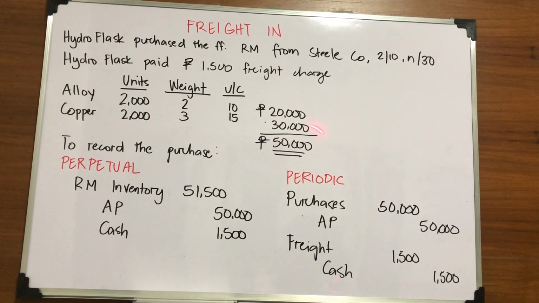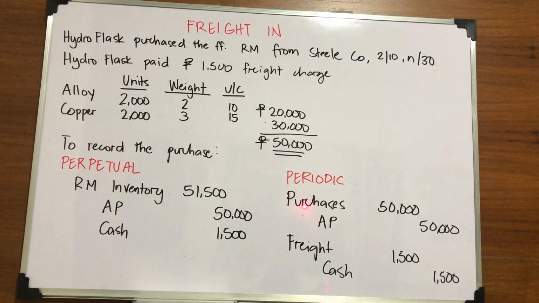However, for your periodic inventory system, it is a general rule that invoice cost will be recognized in the purchases account, while freight will be charged separately under freight account. So this is not part of your total raw materials cost. Okay.